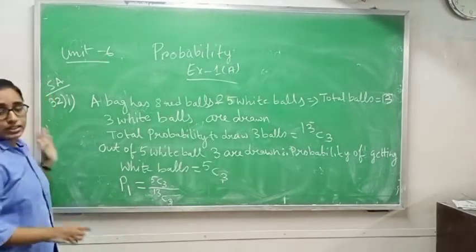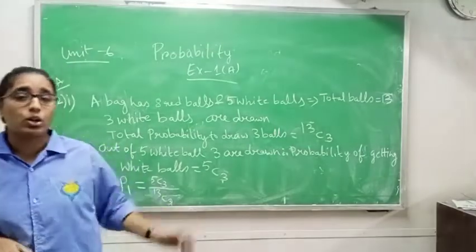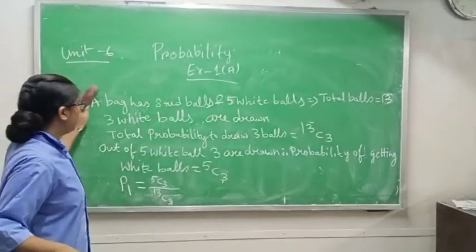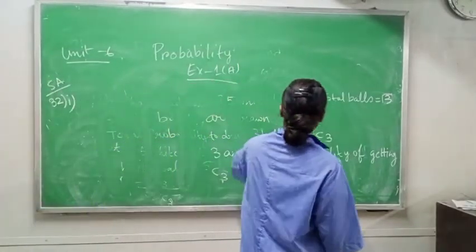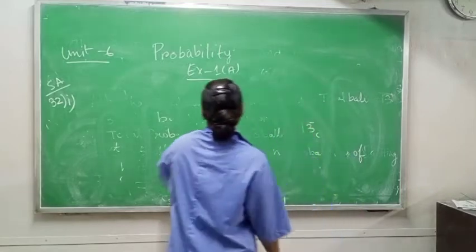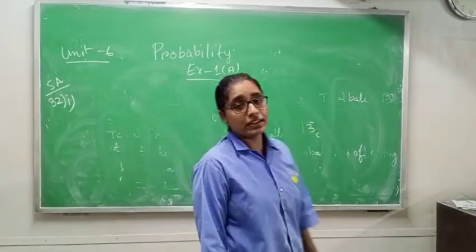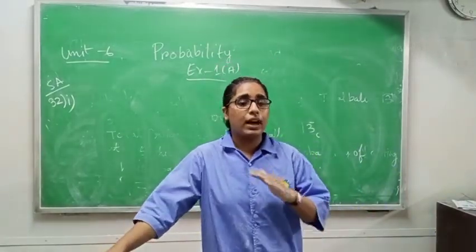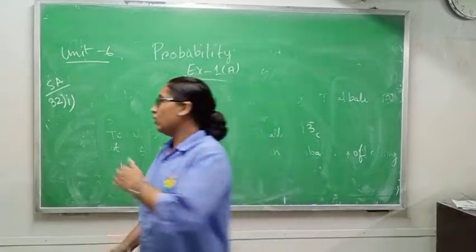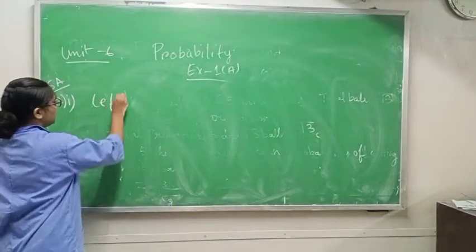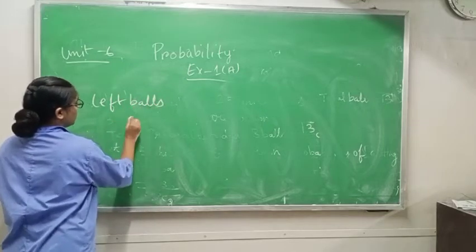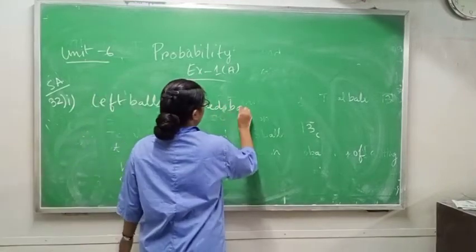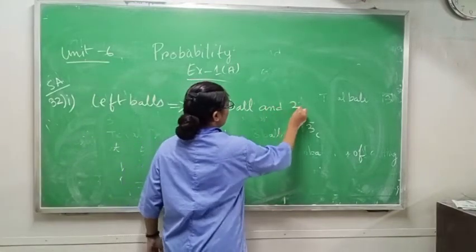Understood this one? Now in the second part they are taking out 3 red balls. I am rubbing this part. In the question they are telling that there will be no replacement. It means that after taking out 3 balls the first time, we have to subtract those 3 balls. Left balls: 8 red balls and 2 white balls.